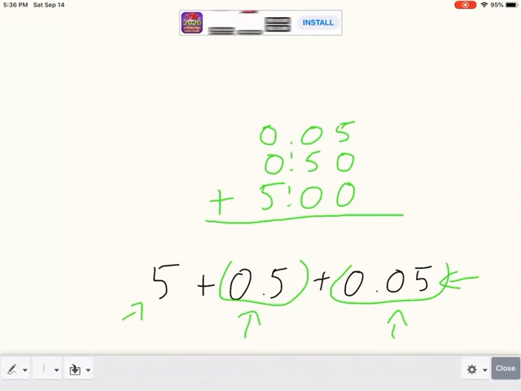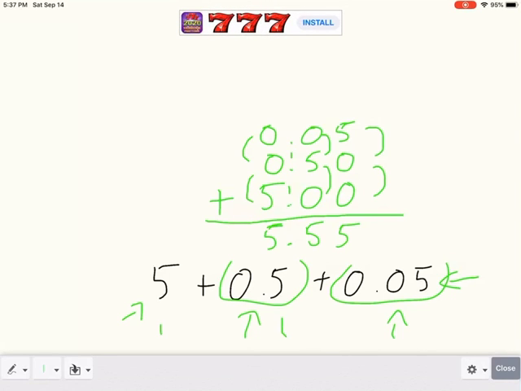Those should always be in line. 5 plus 0 is 5, plus 0 more is 5. 0 plus 5 is 5, plus 0 more is 5. 0 plus 0 is 0. 0 plus 5 is 5. So no kidding, the answer to 5 plus 0.5 plus 0.05 is 5.55.